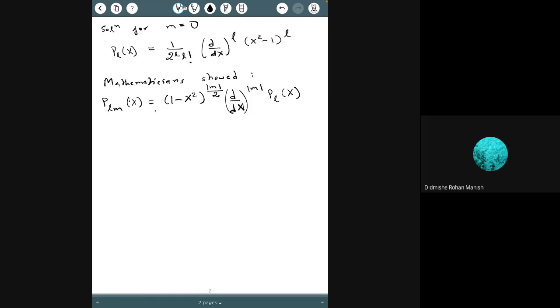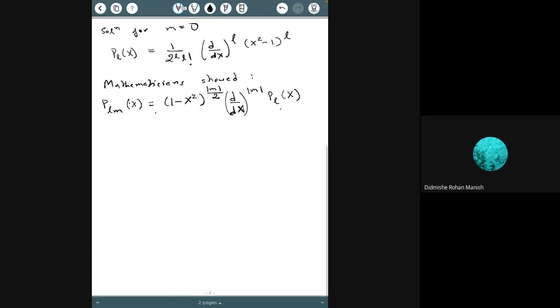Now what this also means, let's think of it a little bit more. P_L(x) was a series solution. It was a polynomial series which truncated at some point, and this truncation point was basically L. So this looked something like a_L x to the power L plus a_(L-2) x to the power L minus 2, and so on.